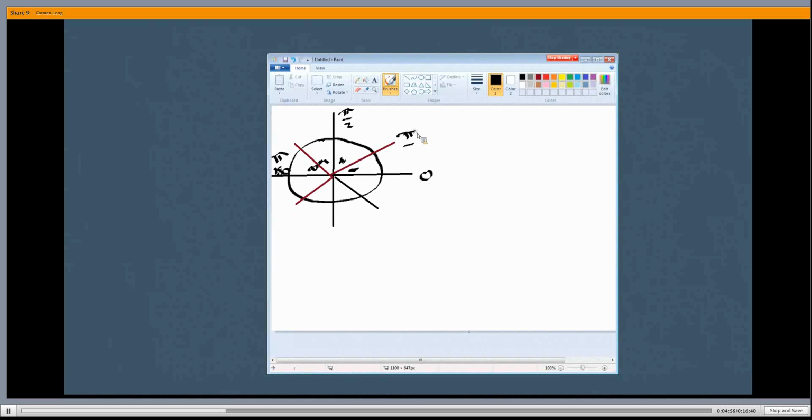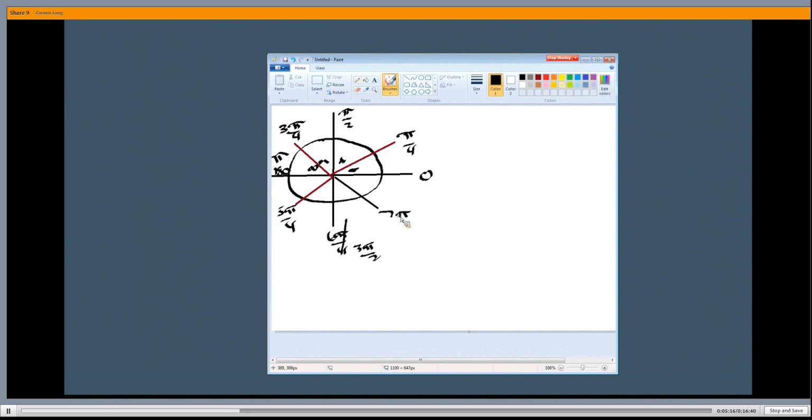So this is going to be pi over 4. This one is 2 pi over 4, which is a half. This one is 3 pi over 4, and 4 pi over 4, that's 1 pi. Then this one's going to be 5 pi over 4, and 6 pi over 4, but we could reduce that to 3 pi over 2, so we'd want to reduce it.